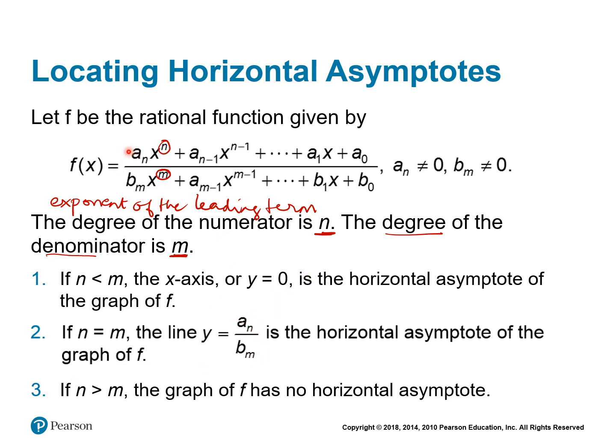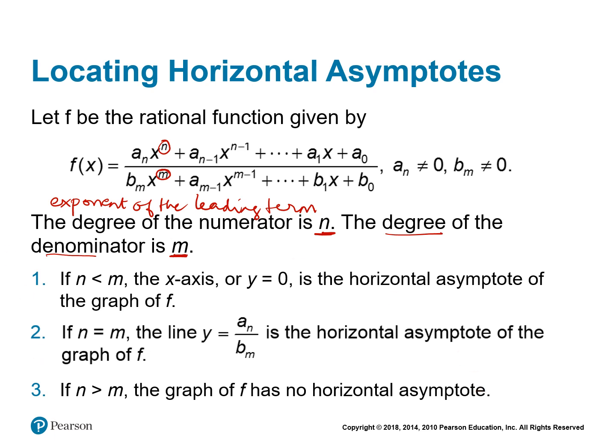These are the coefficients of the leading term. So the ratio of the coefficients of the leading terms would make up the horizontal asymptote. And then finally, if n is greater than m, the graph of f has no horizontal asymptote.